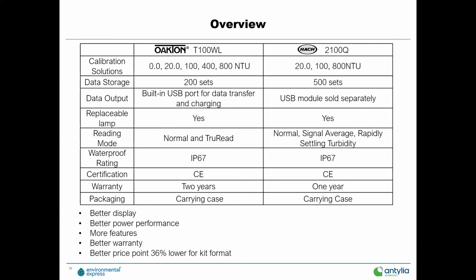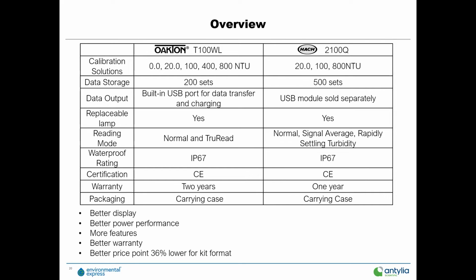But you take that with, we have a better display, better power performance, more features as far as the different modes the instrument offers, a 2-year warranty versus a 1-year warranty, and a 36% lower kit format price. Means our instrument, the Oakton T100 White Light, is very competitive in the marketplace and is certainly an instrument that would be used in a potable water plant.